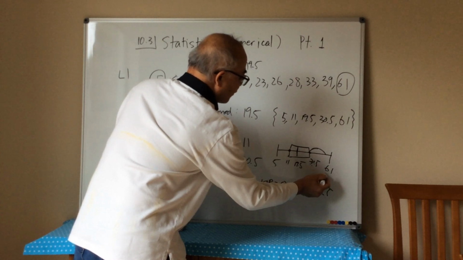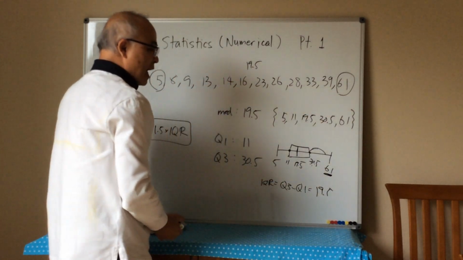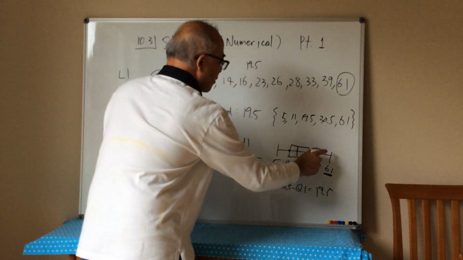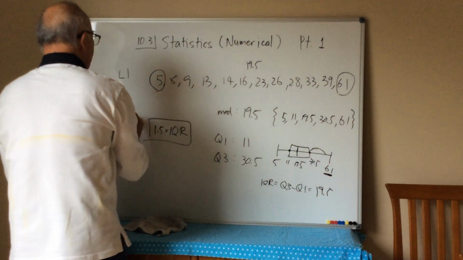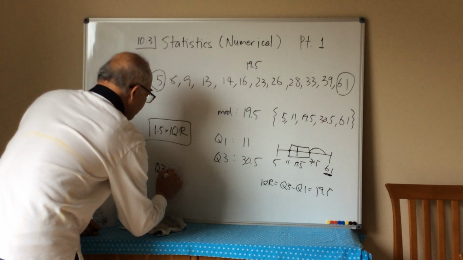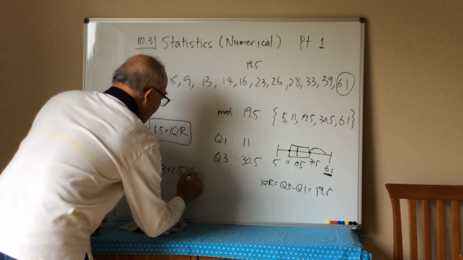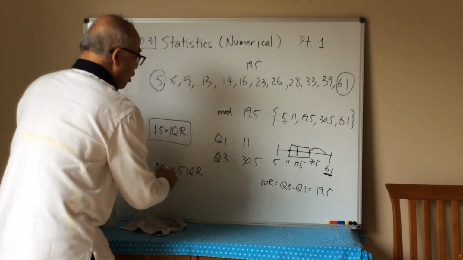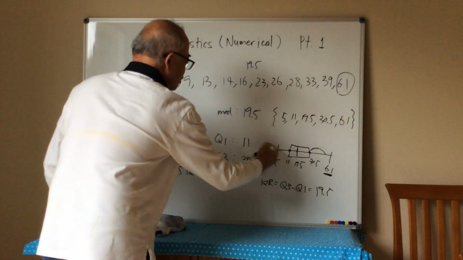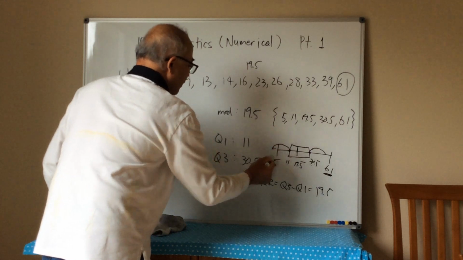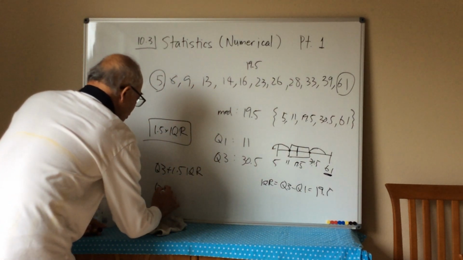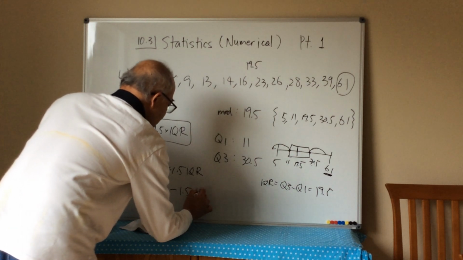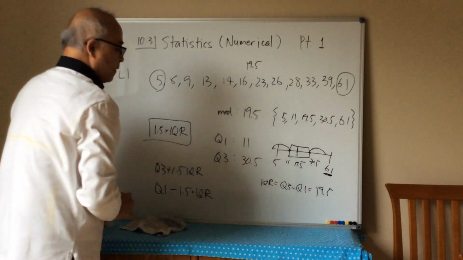So 61 definitely is an outlier, because it is greater than Q3 plus 1.5 IQR. This is on the high end. On the low end, you would go from Q1 and subtract out this way, so it would be Q1 minus 1.5 times IQR.